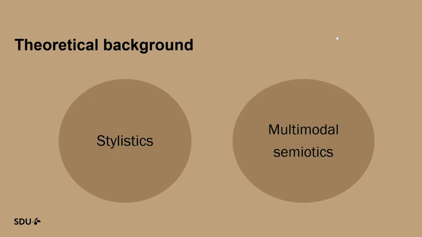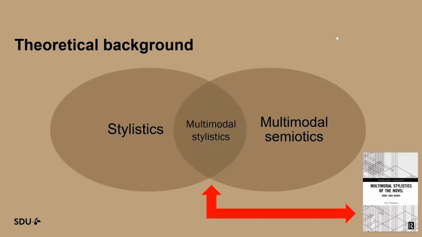That is wording, typography, layout, color, images, but also stuff like sound and gesture and so on. And like stylistics, multimodal semiotics is an approach to communication that is very systematic and detailed, and I would say grammatical at heart.